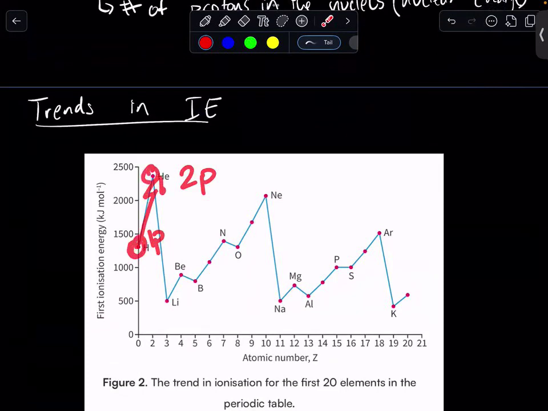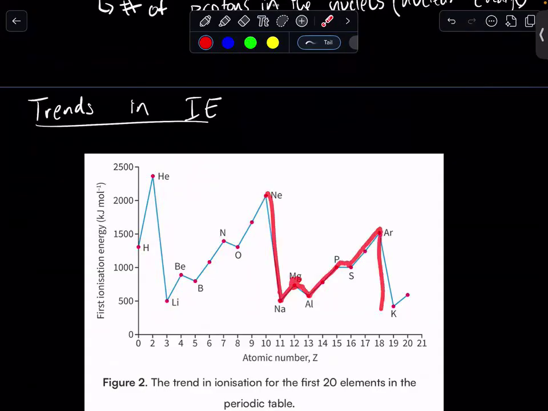It takes about 1,200, it takes about 2,400. So it's about double the force to remove it. But then you'll notice that ionization energy goes much further down when we're talking about lithium. And then it goes up to beryllium, down to boron, up, up, down, up, and then it goes big down again, then up, down, up, and so on.